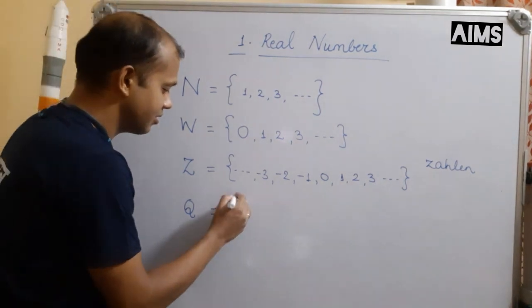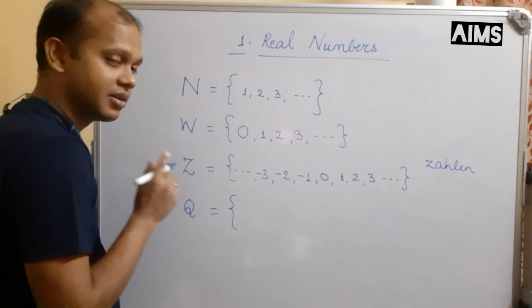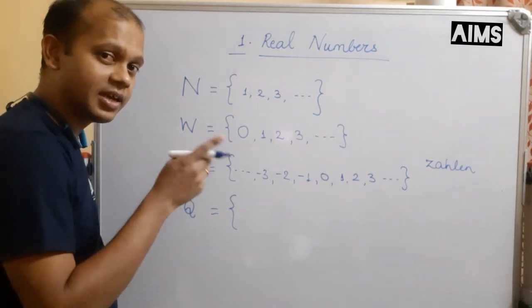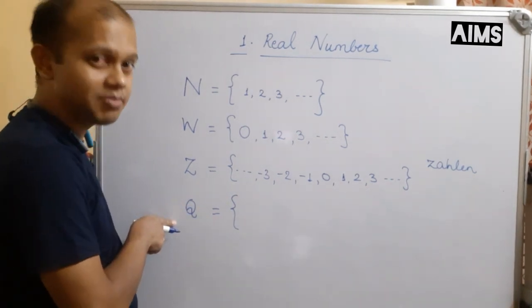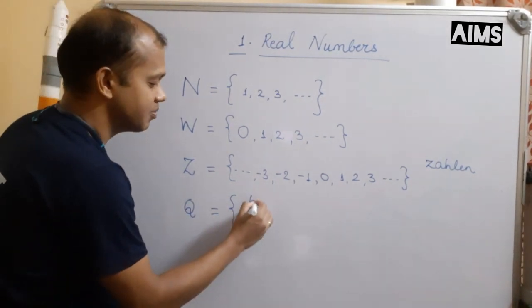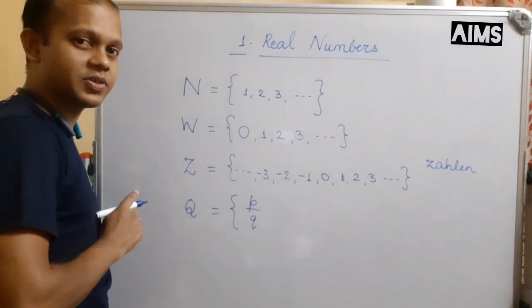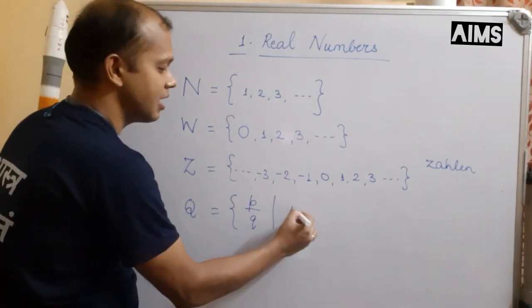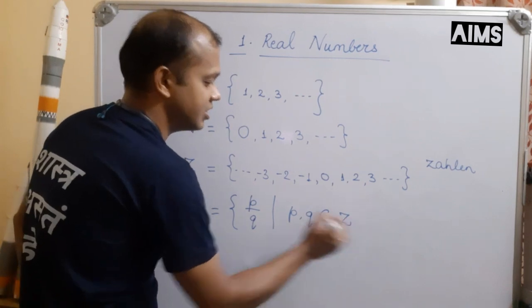So that is why we represent the set of rational numbers. Question: if the set of rational numbers has an initial R, then why do we write here Q? It's simply because of the notation P by Q. Any rational number is of the form P upon Q, where P and Q belong to the set of integers.